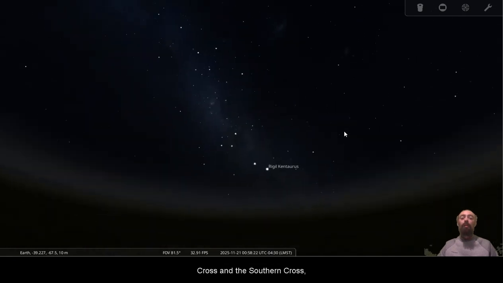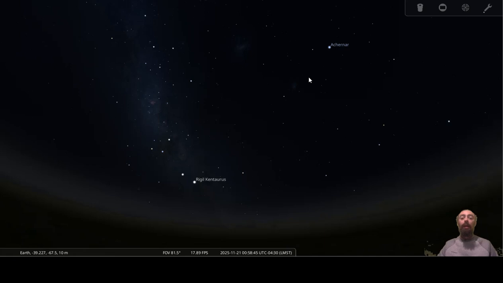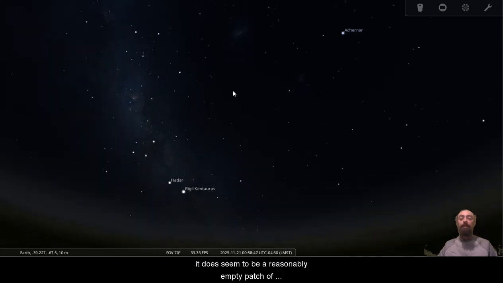And the Southern Cross, unlike the North Star or the Pole Star, doesn't actually rest directly above the South Pole. It more points at the South Pole. So if we follow along this line, it's somewhere around here. It does seem to be a reasonably empty patch of the sky, but it's where the long arm of the Southern Cross will point.